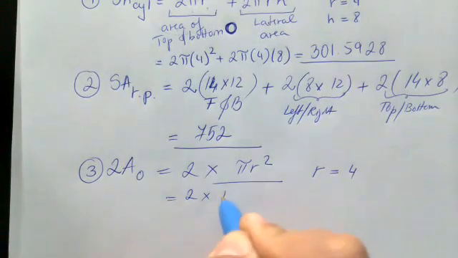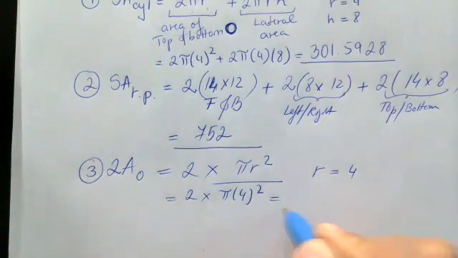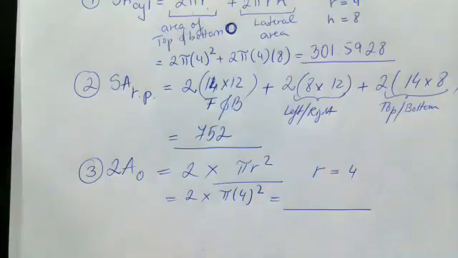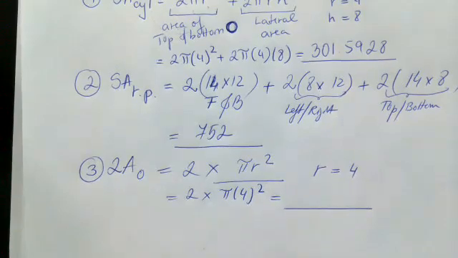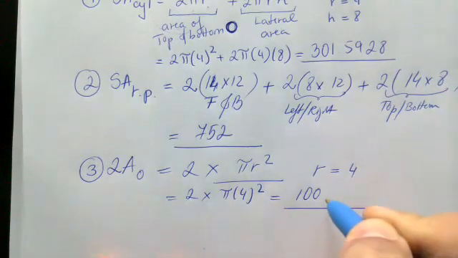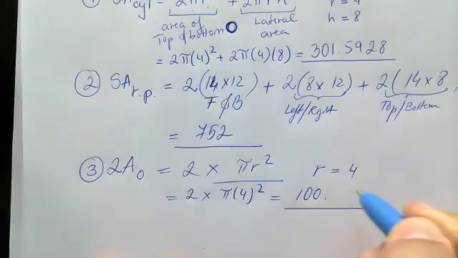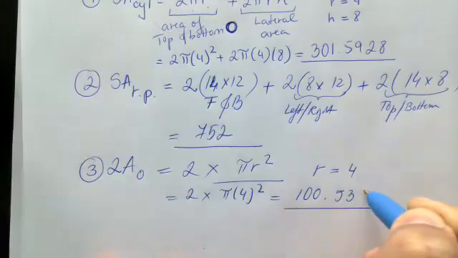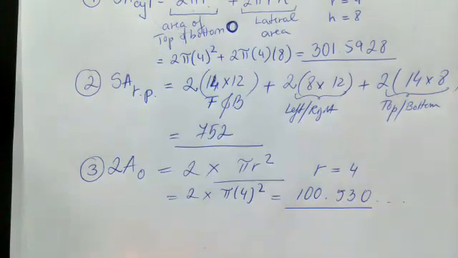So 2 times pi times 4 squared is about 100.530. So 3 decimals is okay.